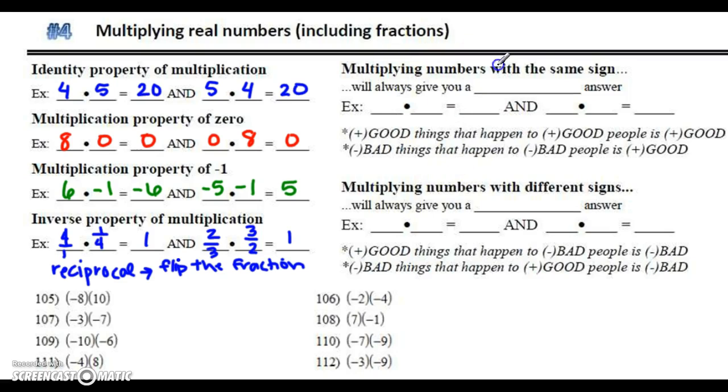So multiplying numbers with the same sign will always give you a positive answer. If we think of it like good things happening to good people is good, then that would be positive times positive is going to give you a positive.